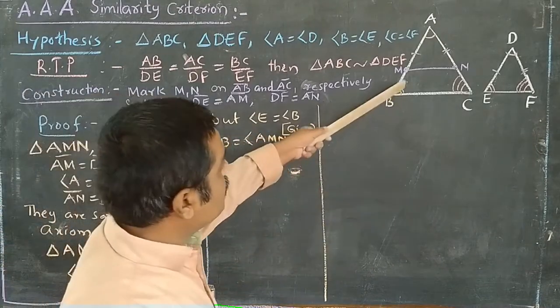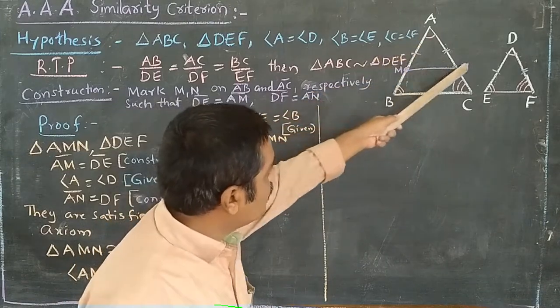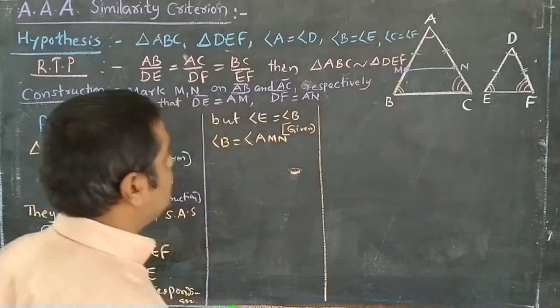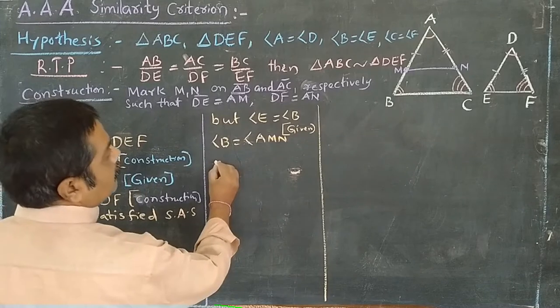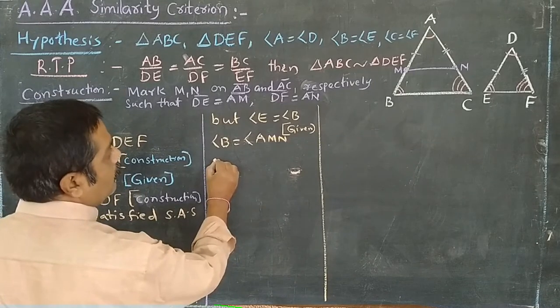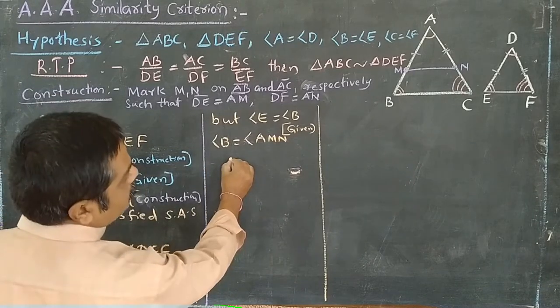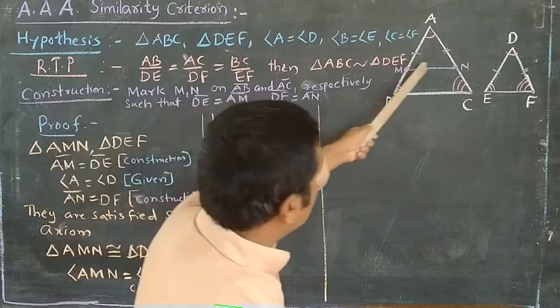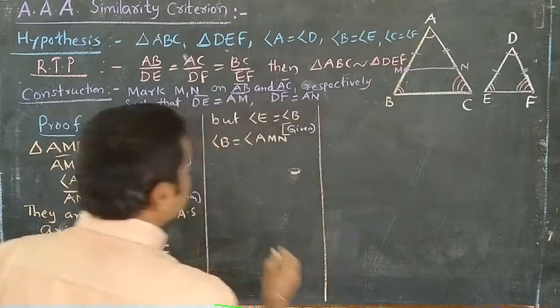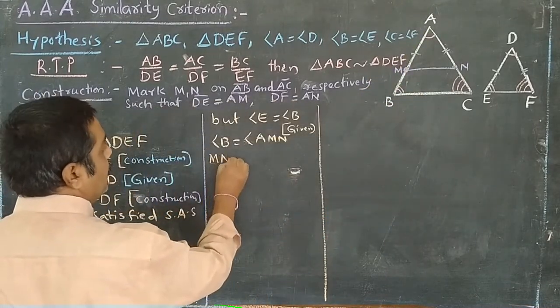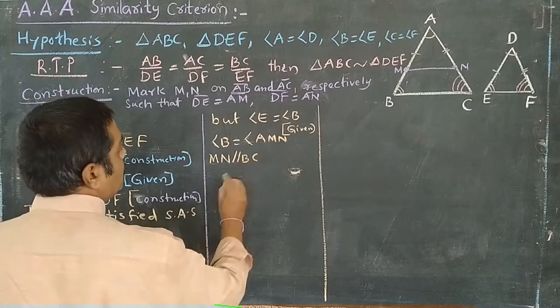Sir, when angle B is equal to AMN, these two lines are opposing. This is the transversal. That only right here. So these two lines are opposing. This is the transversal. So MN is parallel to BC.